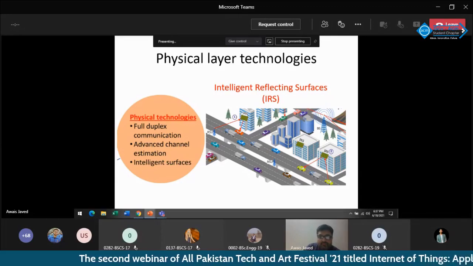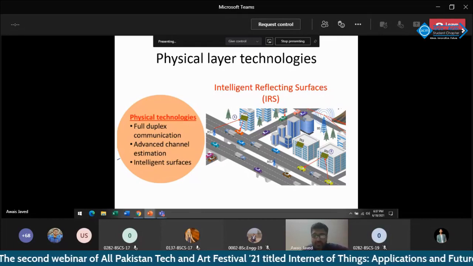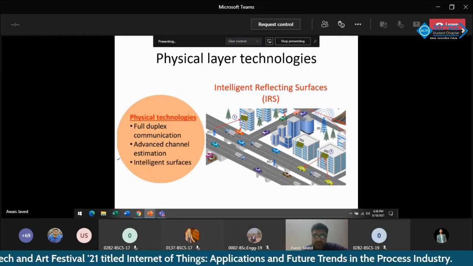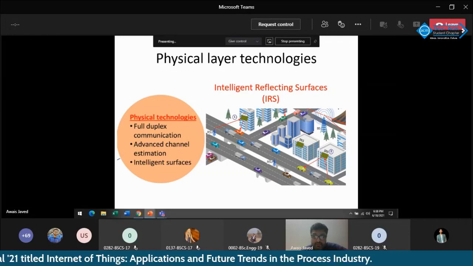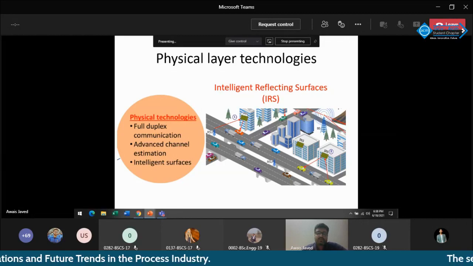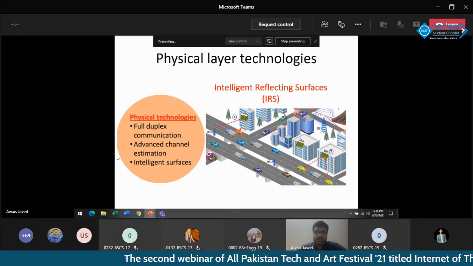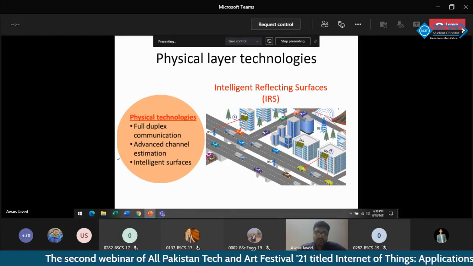In normal communication, in 5G communication, for example, we have a lot of issues with connectivity. We may have issues with communication range. As I discussed in the terahertz, for example, you may have issues with the communication range. So IRS is a very important technology that can extend the coverage range for terahertz, for example.